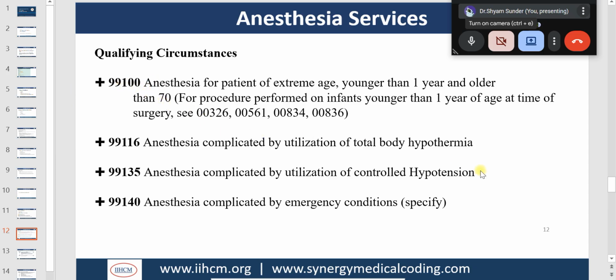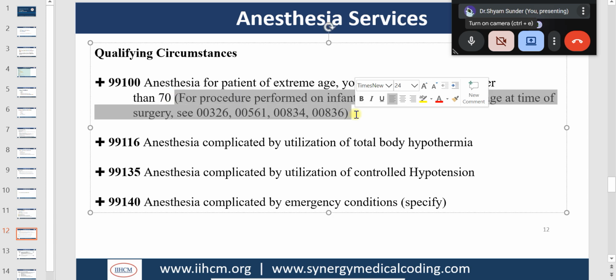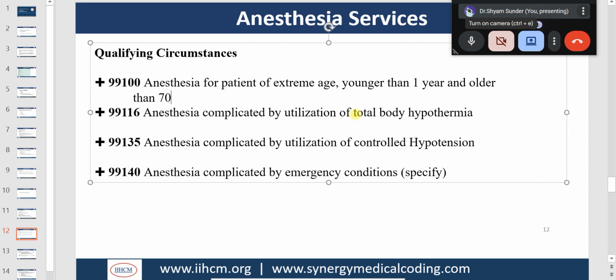Anesthesia for patient of extreme age, younger than 1 year and older than 70. For procedure performed on infants younger than 1 year of age at time of surgery. Let us make it shorter. So this is 99100.